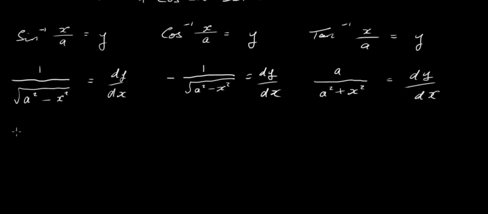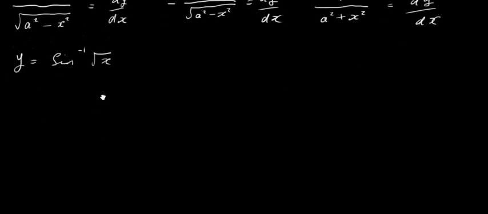So let's take y is equal to sine inverse, let's say square root of x. Square root of x here. So now I'm going to do this one 2 different ways. I'm just going to do it directly, and then I'm going to use kind of more formal chain rule method of doing it. So let's have a look.